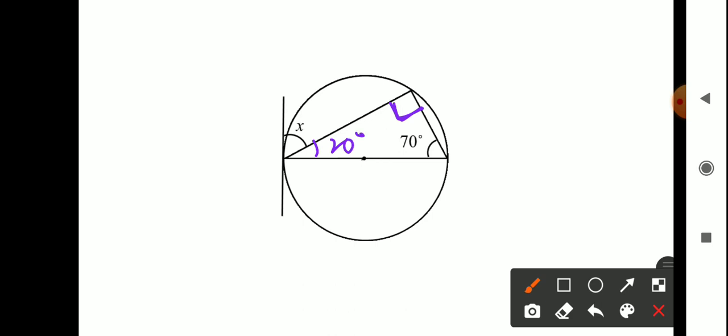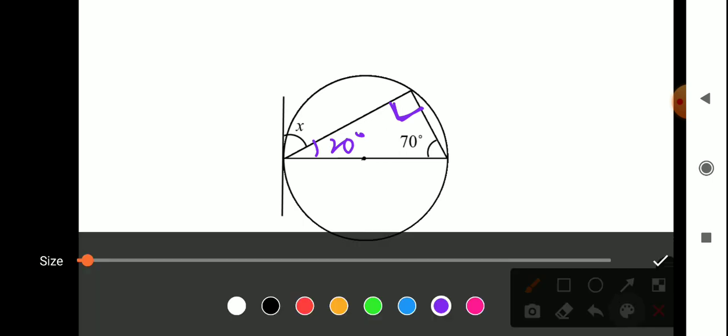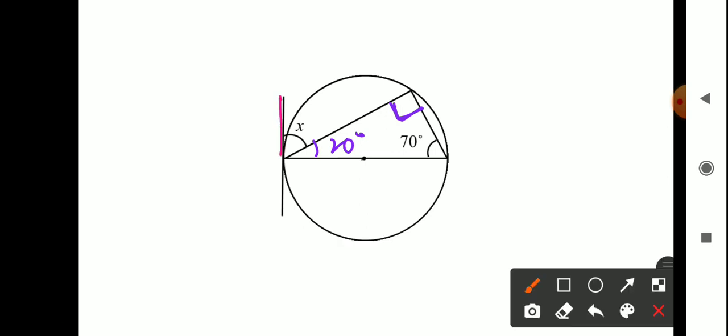This is the first property, angle in a semicircle. Then apply the same as question number 1. This is tangent, this is radius. Tangent and radius will form 90 degrees. So since it is 90 degrees, x must be 90 minus 20. x is 70 degrees. Very good.